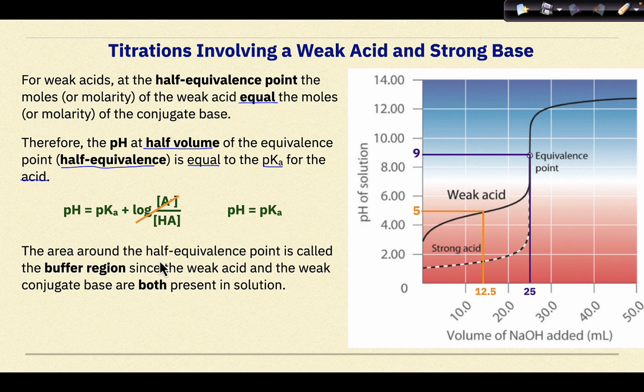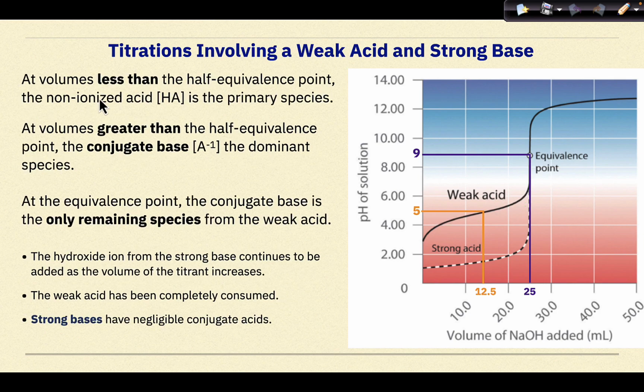The area around the half equivalence point is called the buffer region, since the weak acid and the weak conjugate base are both present in solution. At volumes less than the half equivalence point, the non-ionized acid HA is the primary species. So we can see that on the graph right here, where the concentration of HA is larger than the concentration of the weak base.